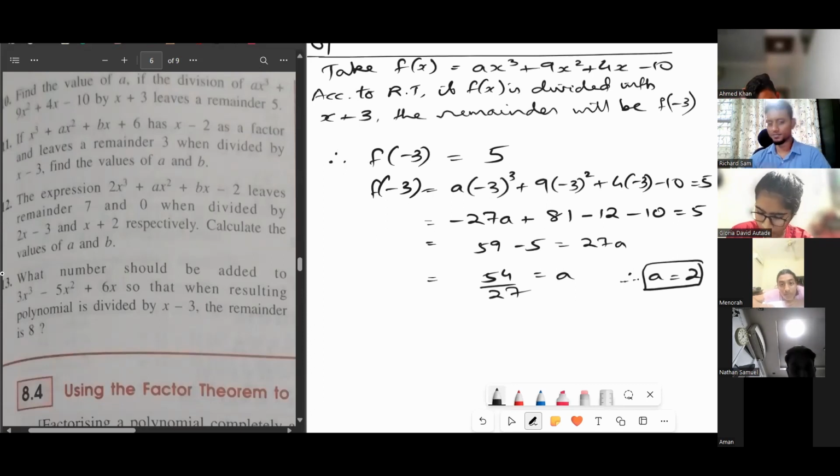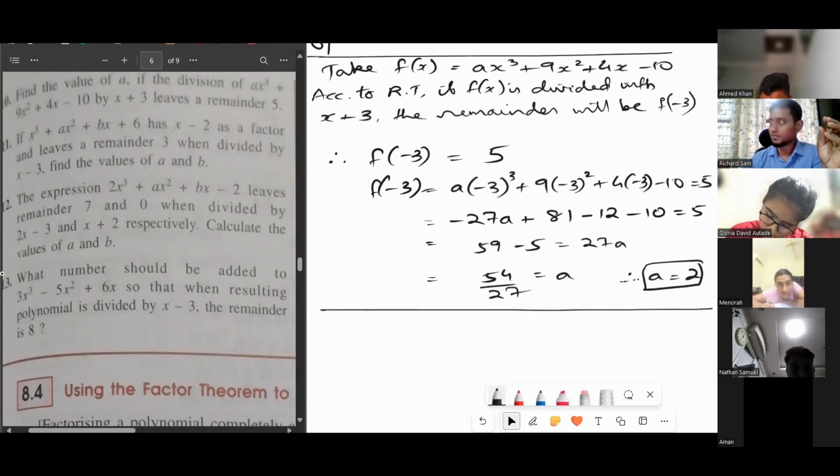According to the remainder theorem, what can we say? Anna, Leah, tell me, what is the equation you're getting using the remainder theorem from here?